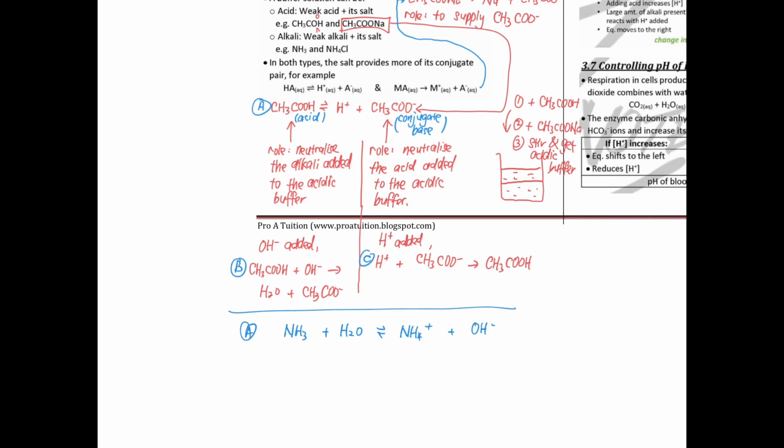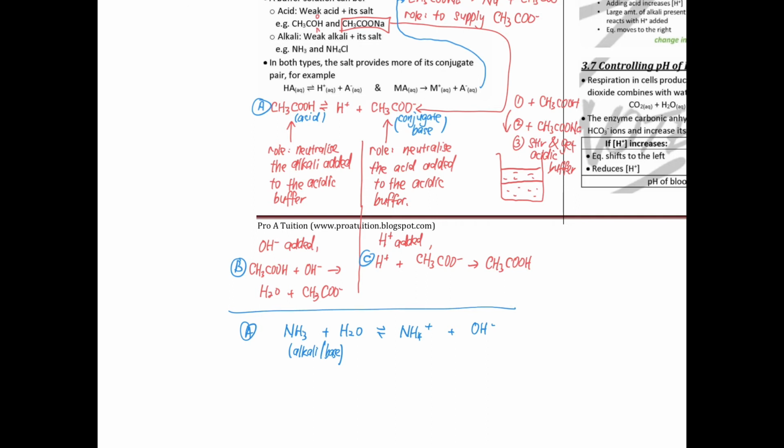So the ammonia, of course, is an alkaline, or you can also call it base. Okay, that is ammonia. And alkaline and base means proton acceptor. So they tend to accept protons to form ammonium ion. So they are alkaline and base because they can accept proton.